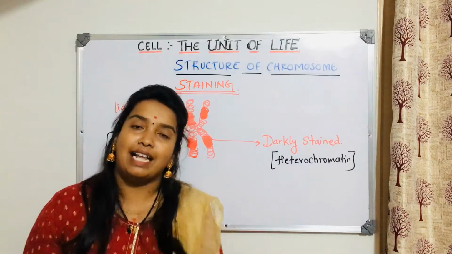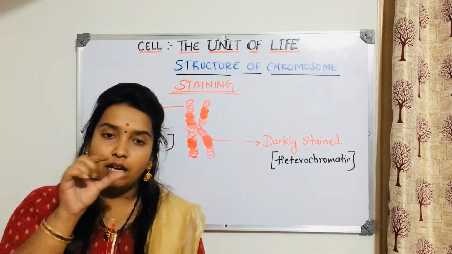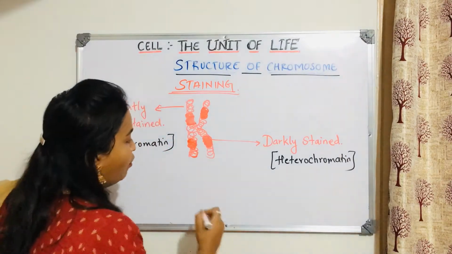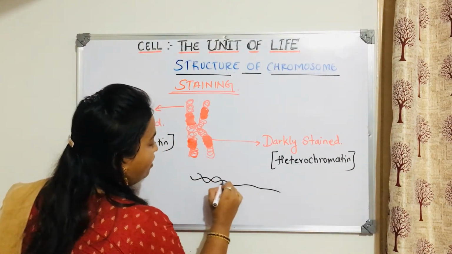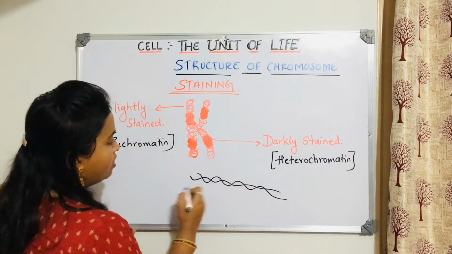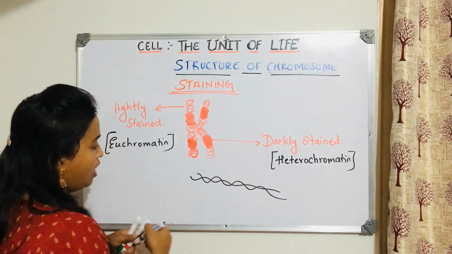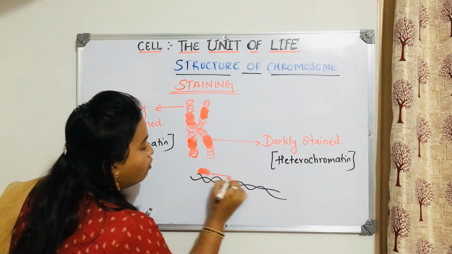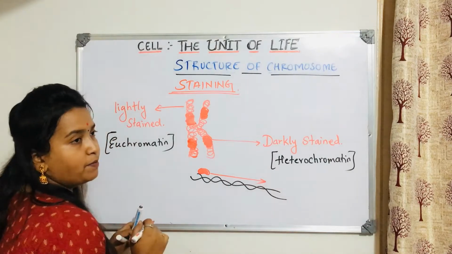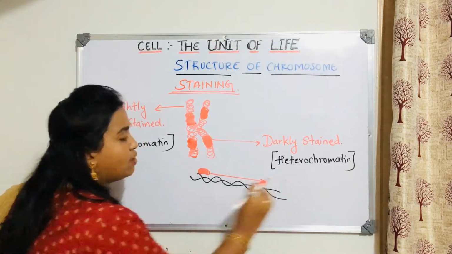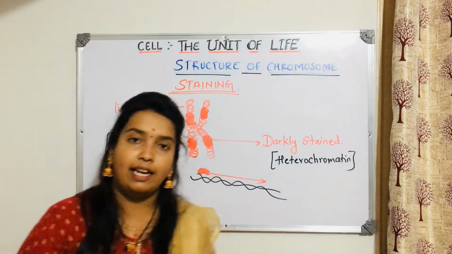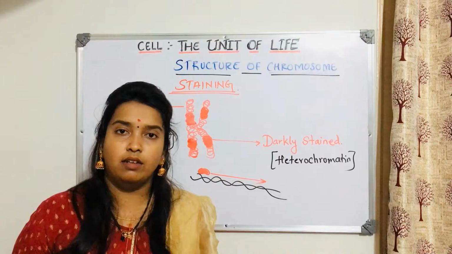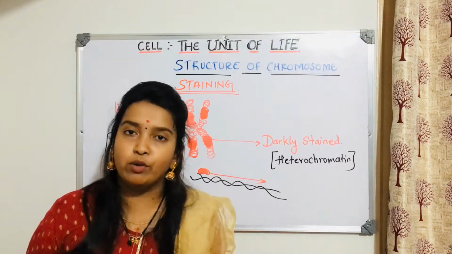Now you know that for transcription, enzymes like RNA polymerase or DNA polymerase need to move on the DNA strands. They need to open up the DNA, and then move on the strands. Then only RNA will be produced.